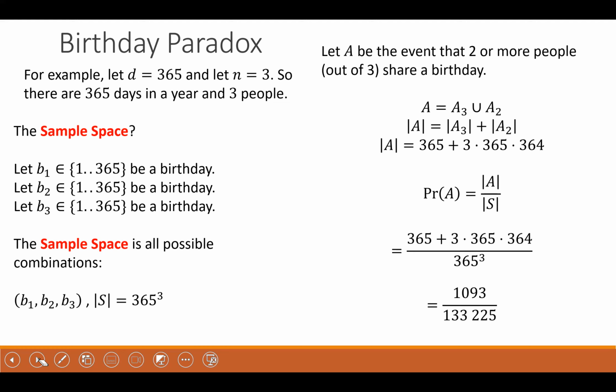All right, I'm also going to, because I did say that I would, let's very quickly go over what happens for two people. So let's say I have 365 days and I have two people. So my sample space then is all possible tuples of size 2, 1, 1 up to 365, 365.